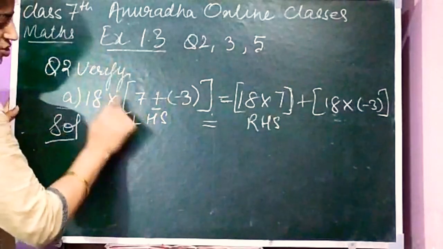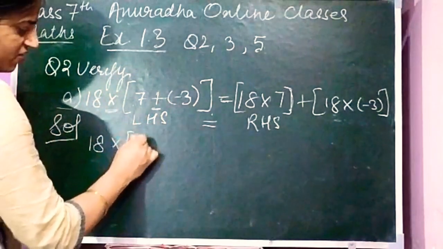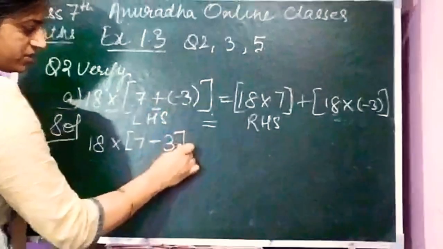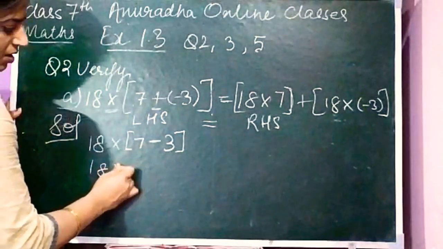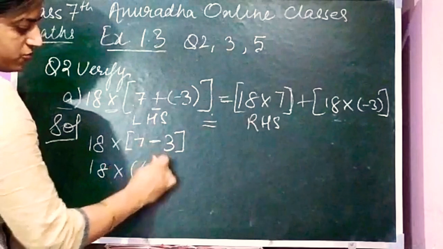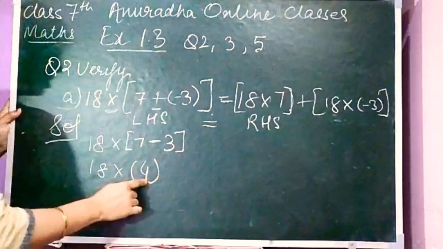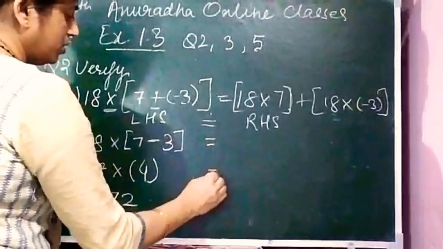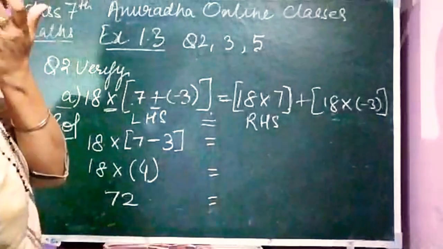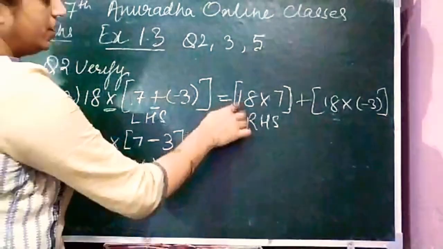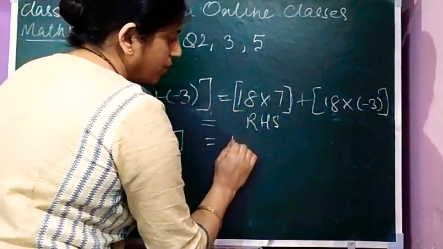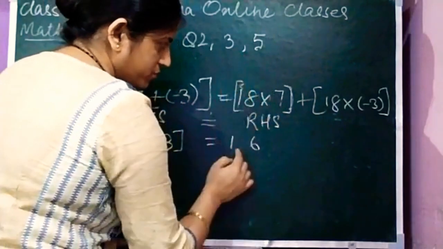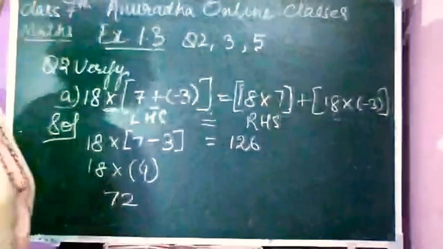Okay, let us start. LHS, what is written? 18 into 7 minus, plus minus is minus 3, right? Then 18 into 4, which is 72, right? Now equal to. 18 into 7: 8 sevens are 56, so 126, right?